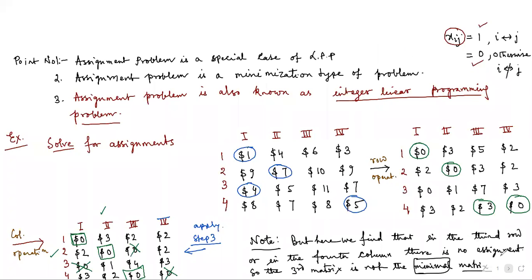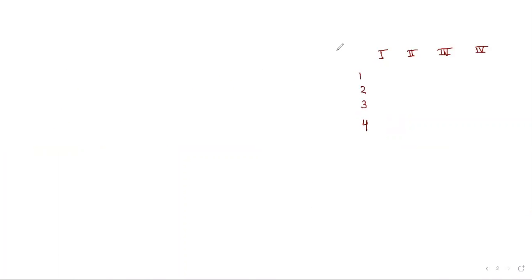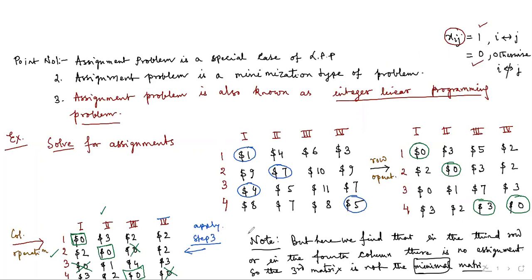So we have 4 jobs. And what were the matrix elements? Matrix elements were 0, 3, 2, 2. Let me copy it first.